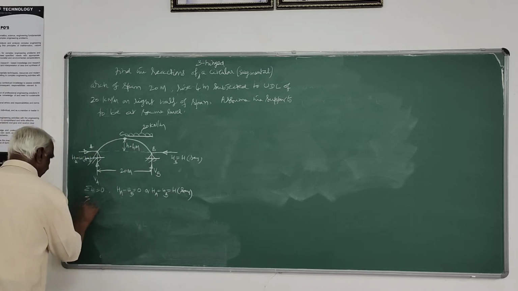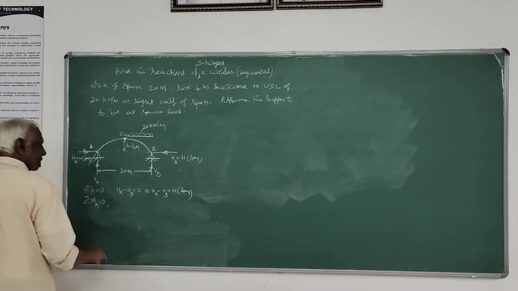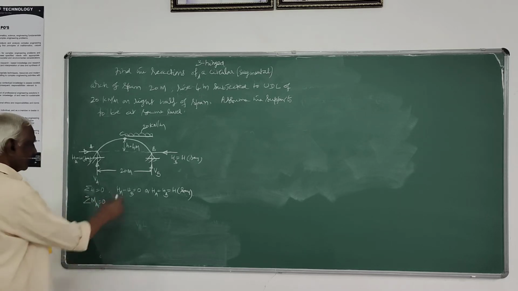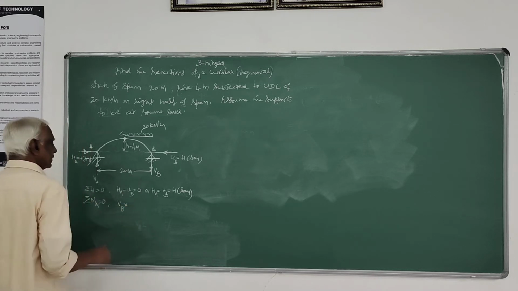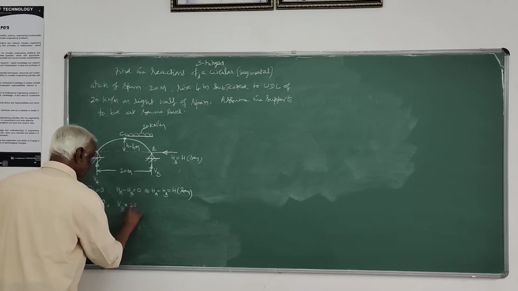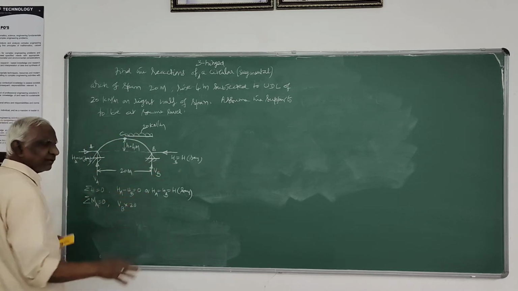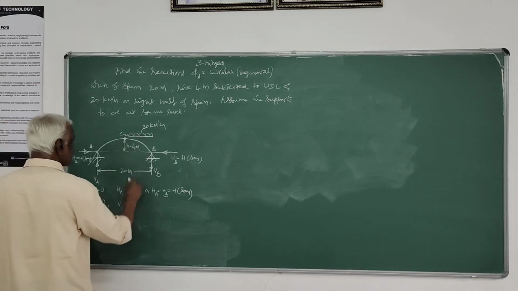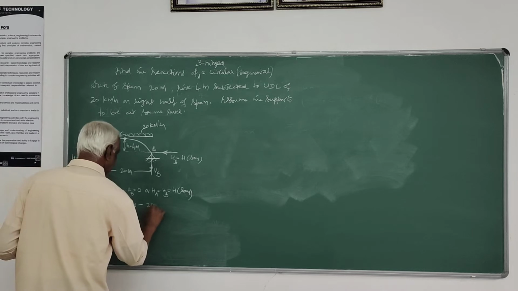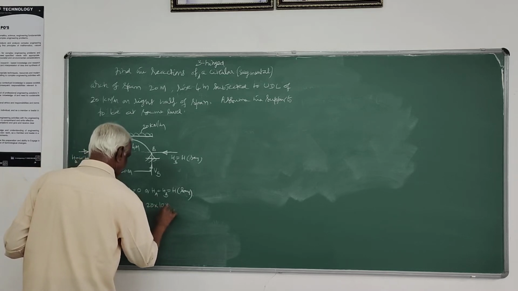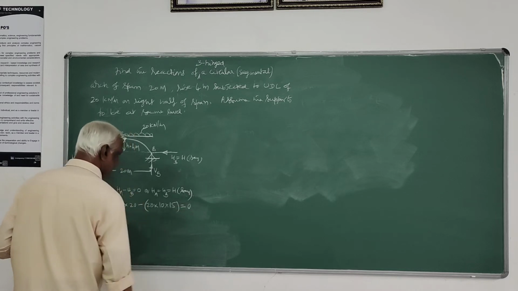Then you take moment about one of the supports, either left or right, then you will get the other reaction, that is VB into 20 minus, like this. H and VA will not give any moment, only this load, that is 20 into 10 into 15, which should be 0.